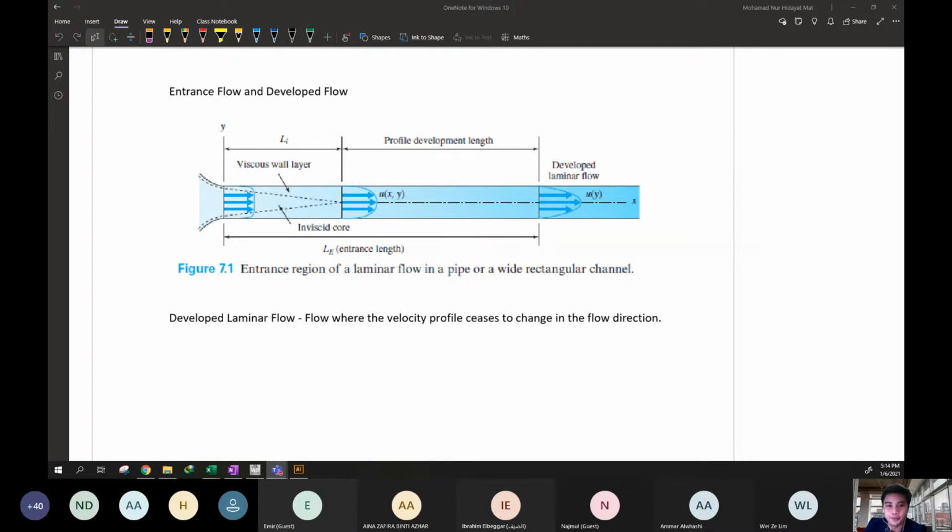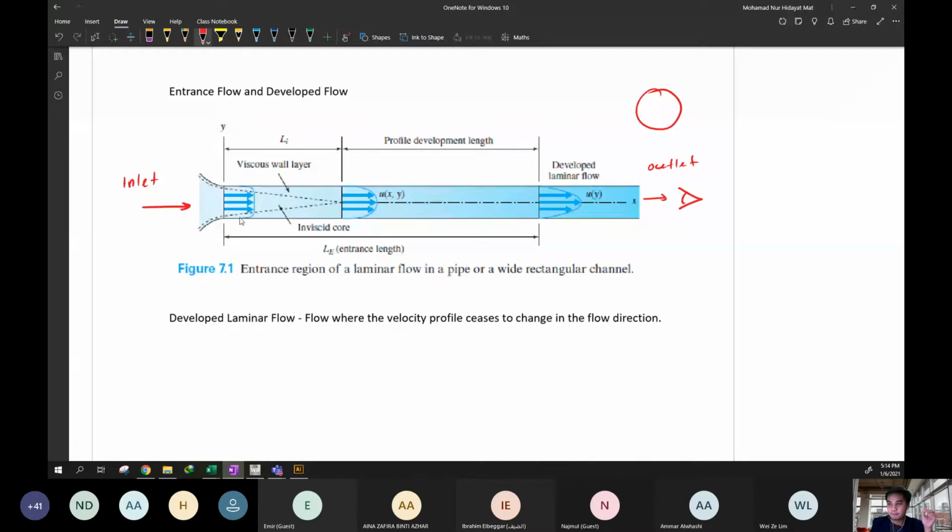Inside the pipe, let me change the work area a second. Okay, inside the pipe, this is the cross-sectional area when you look from here, of course round. This is the inlet, and this is the outlet.